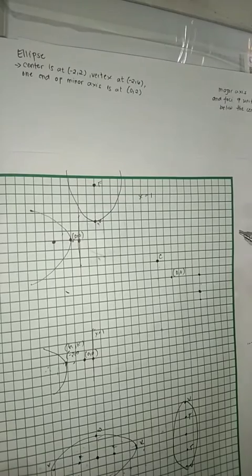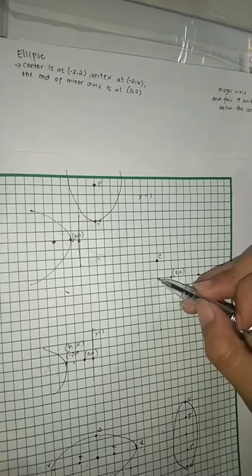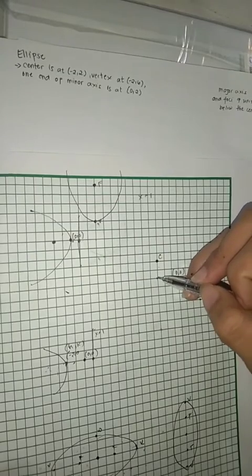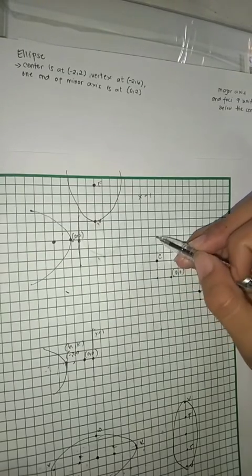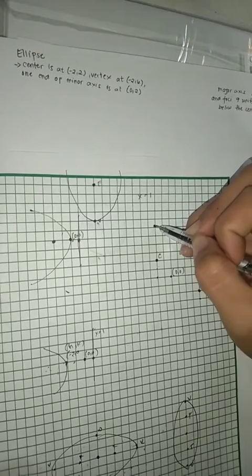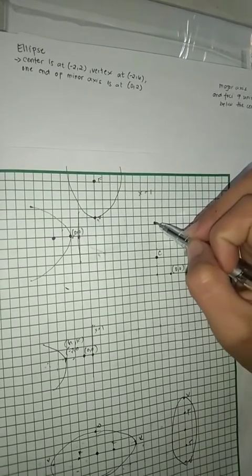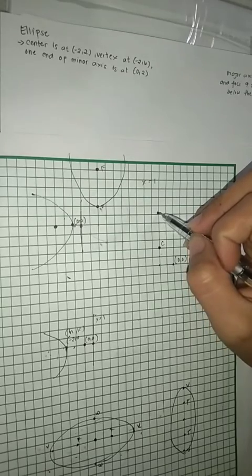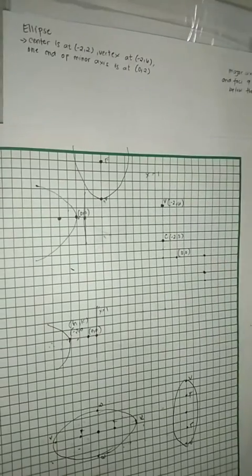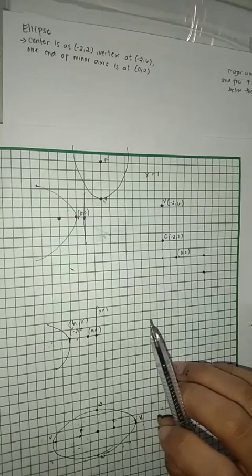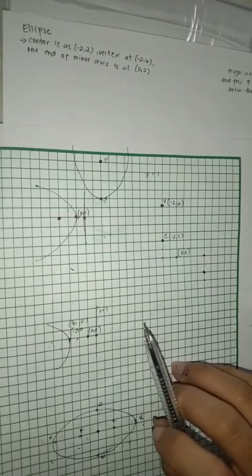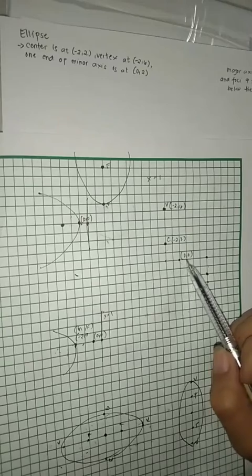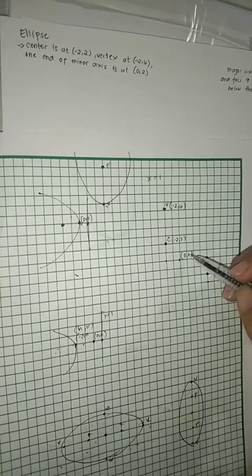The vertex is at -2, 6, and one end of the minor axis is at 0, 2. So the minor axis end is at 0, 2.